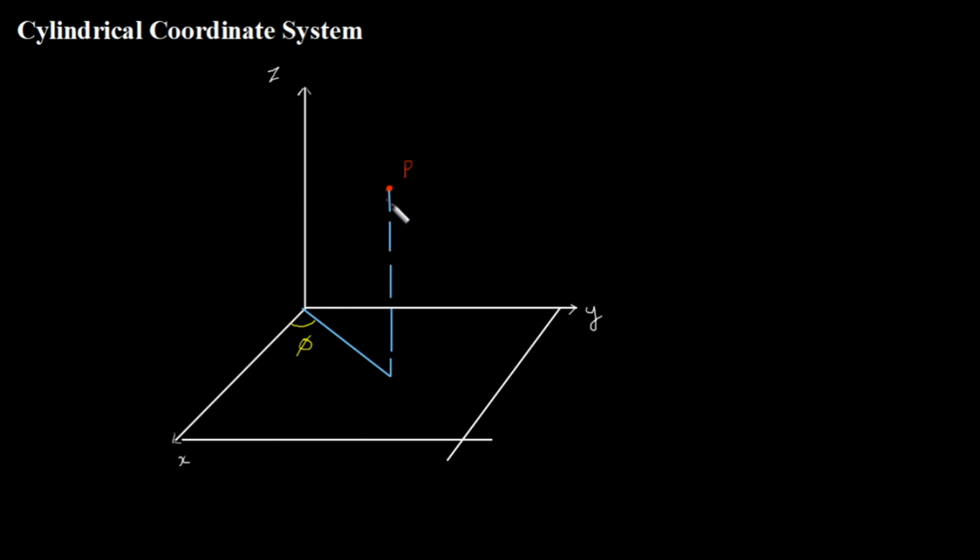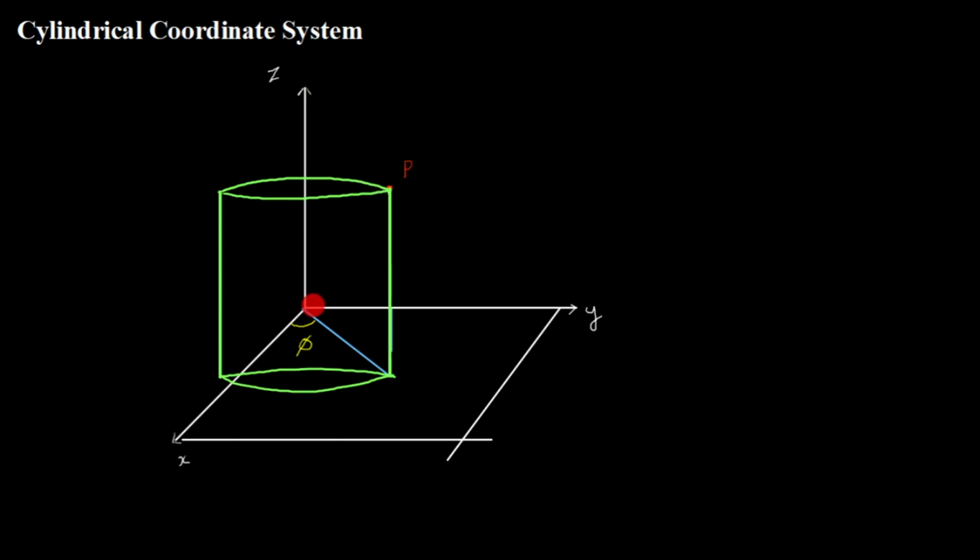So, I may require 2 more coordinates to measure this. Next, I draw a right circular cylinder with the point P on its surface. I will complete a cylinder whose axis is the z axis, such that this point P comes on the surface of this cylinder.